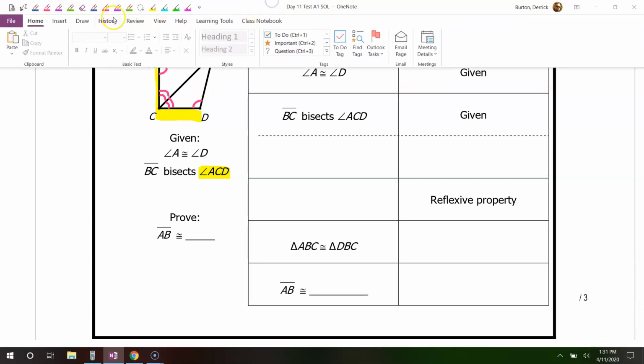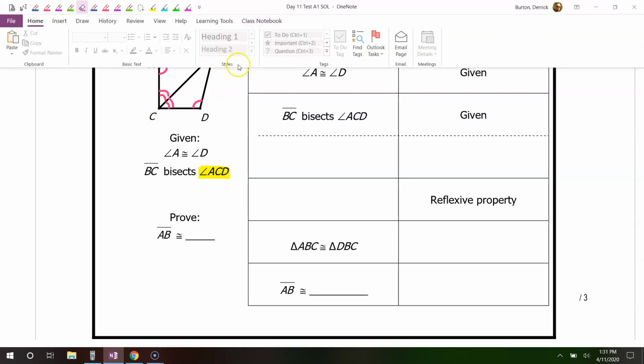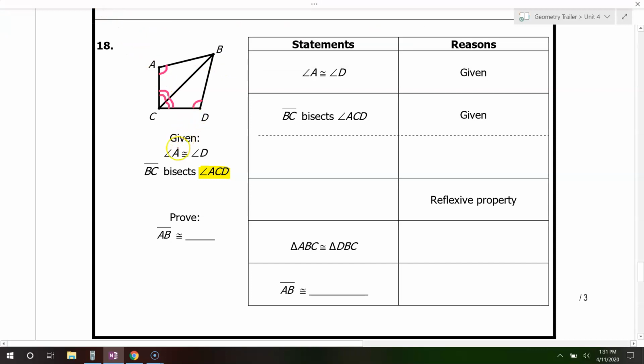Now, what else can we mark on this picture just because of the way the picture looks? Actually, let me pause on that question for a second. We have both of the given statements written down, but this statement leads to something is congruent to something. And really, that's what we just marked.